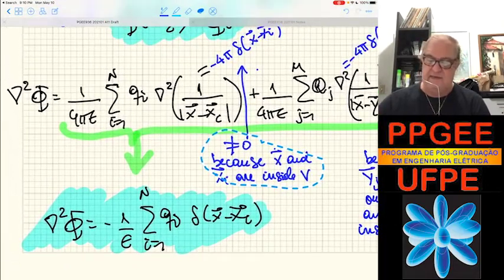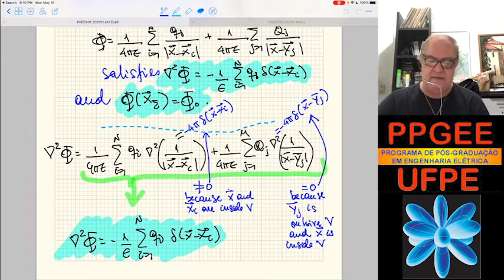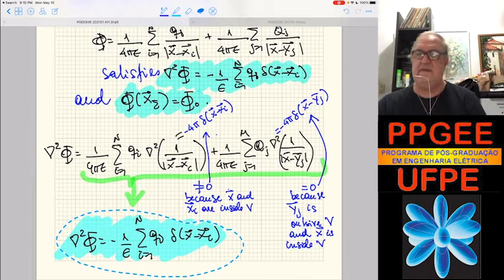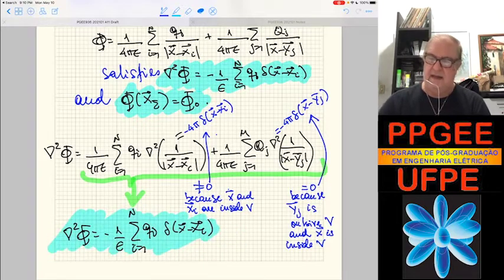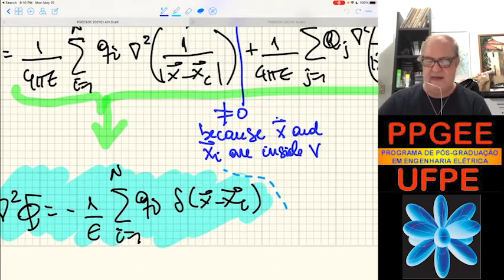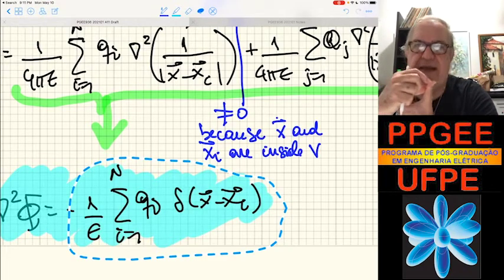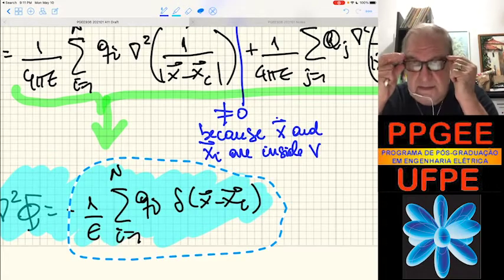It means that when you end up summing the two Laplacians, the end result is that the Laplacian equals the density associated with the real charges, which is the right-hand side of the expression here. So, first, the Laplacian of phi equals the given density of charges.